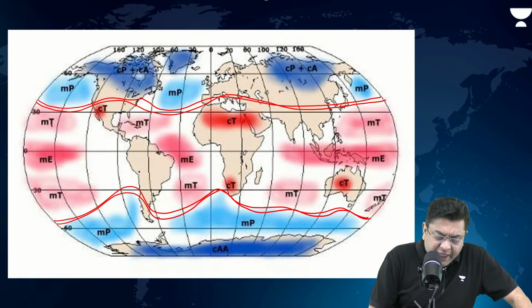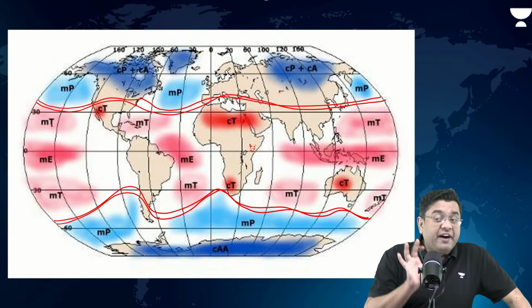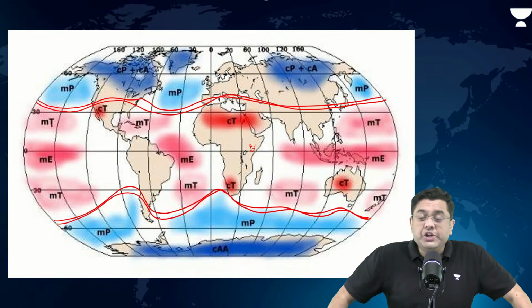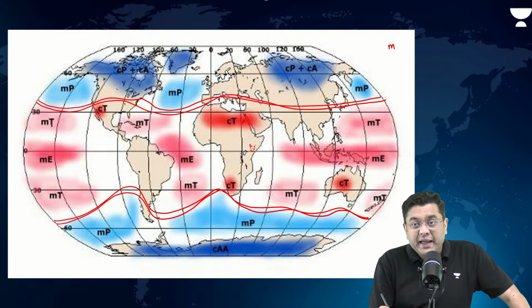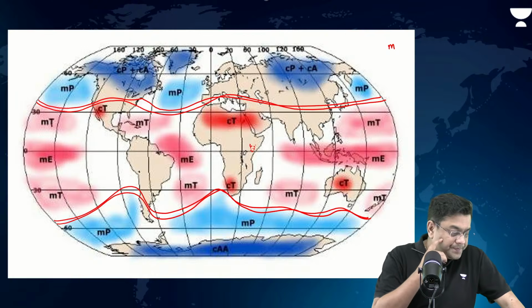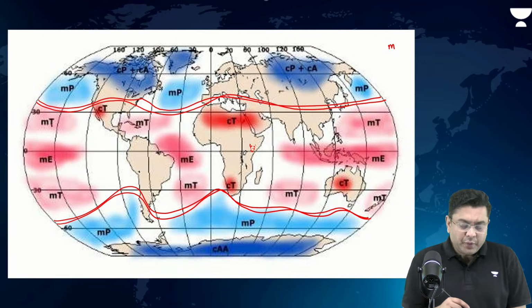Barring few regions like this region of Kenya, etc. Every part of the planet will have moist conditions at equator. Because the conditions are always moist, you automatically attach the prefix M, and hence you do not find any continental equatorial air mass. Okay. Now, this was a good question, by the way.